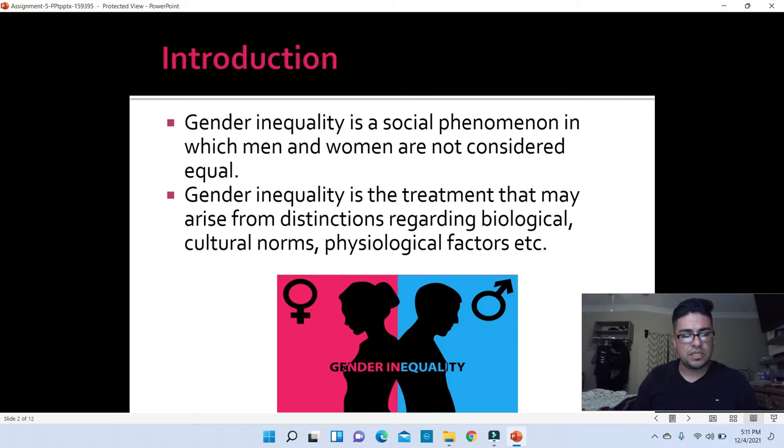Gender inequality is experienced in different countries and across different cultures. And people who do not accept themselves into different kinds of gender, who are non-binary, are also affected by these norms that exist.